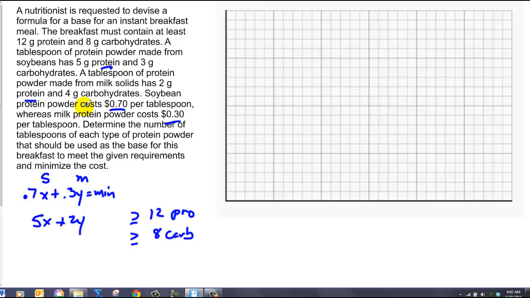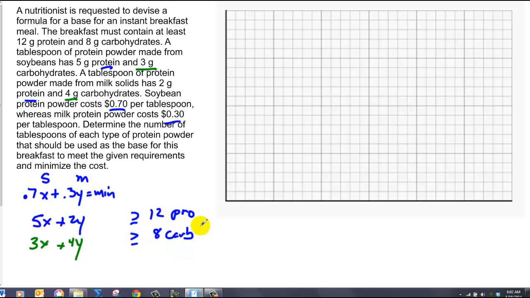Then I read through and I look for the carbohydrates. Here's some carbohydrate information. And here's some carbohydrates. So I have 3x plus 4y greater than or equal to 8.